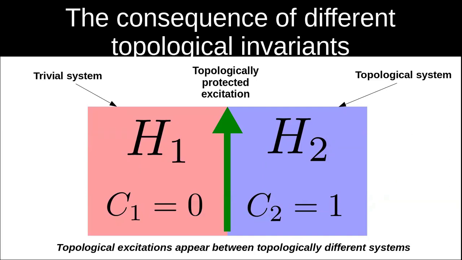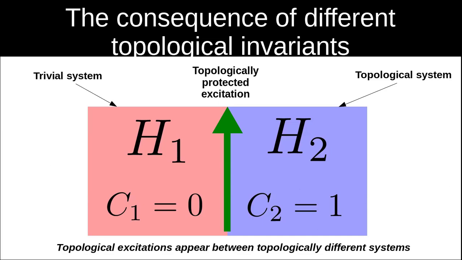has a really important consequence. Imagine that you have an interface between two Hamiltonians: Hamiltonian 1 that has Chern number 0, and Hamiltonian 2 that has Chern number 1. If you think about defining a local Hamiltonian that changes in space, so that on the very left it is H1 and on the very right it is H2, then the fact that you cannot transform these Hamiltonians onto each other without closing the band gap automatically tells you that you are going to have a gap closing in the middle.